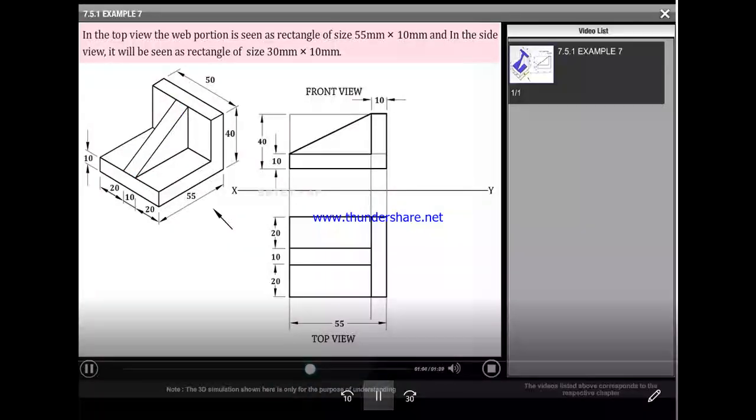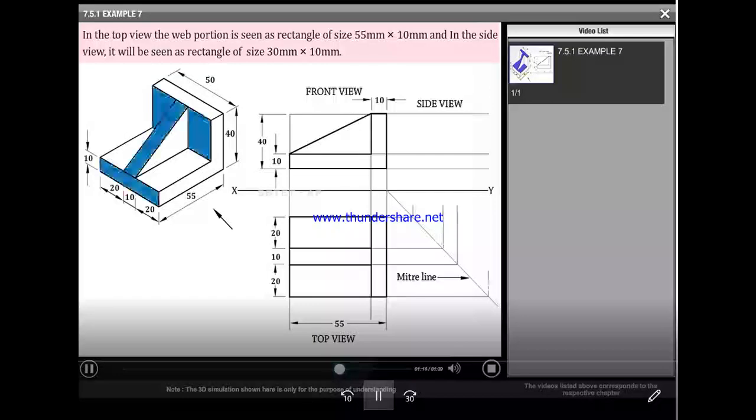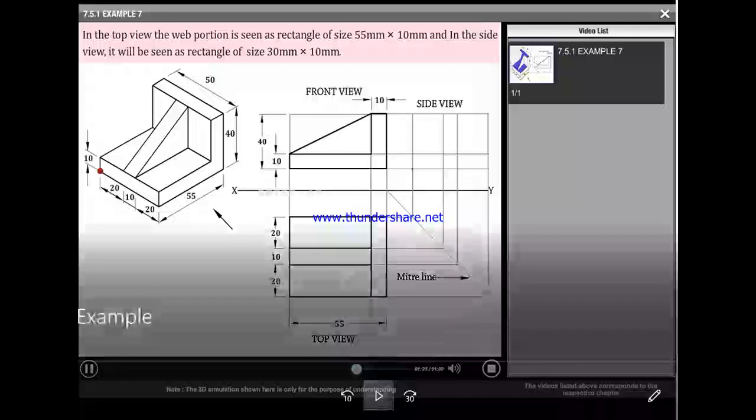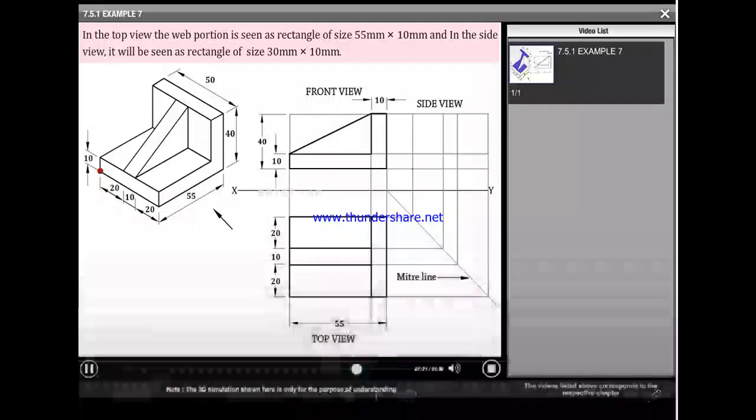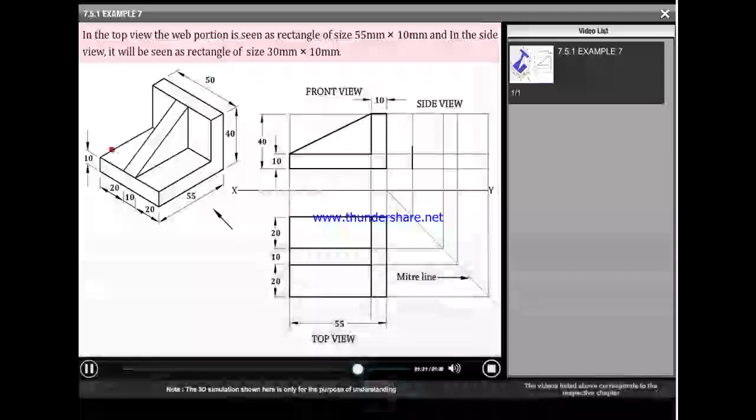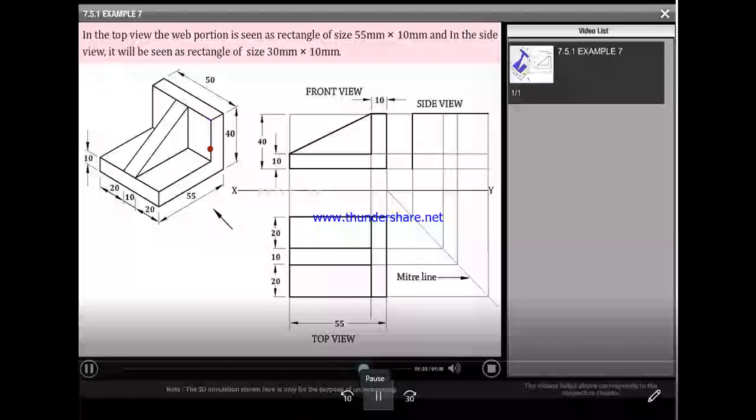To draw the left side view, draw the miter line and draw the projectors horizontally from the front view and through the miter line from the top view. Now complete the left side view. In the left side view, the web portion will be seen as a rectangle of size 30 mm by 10 mm.